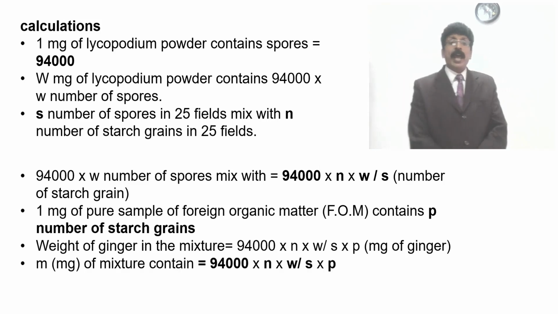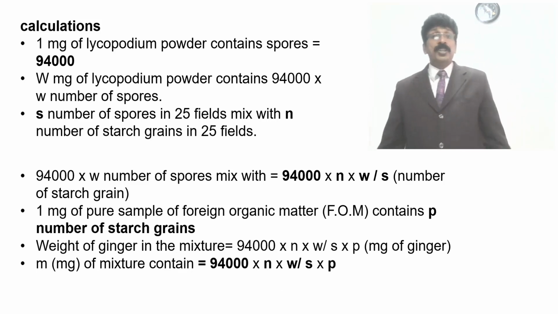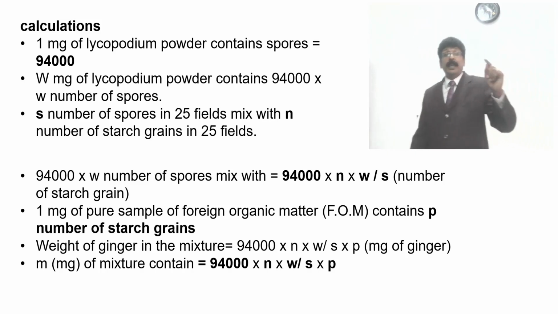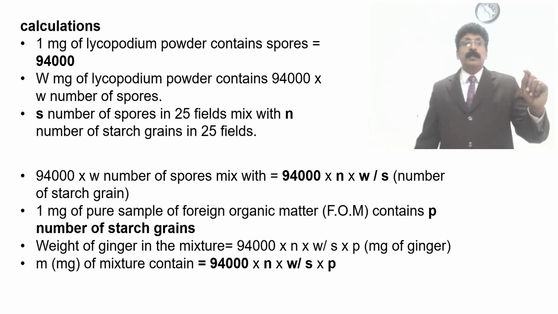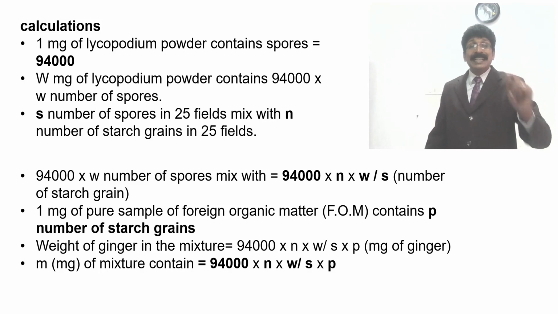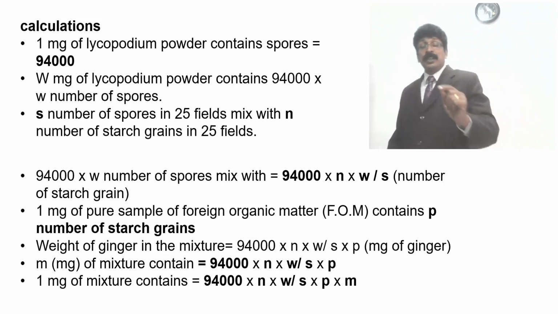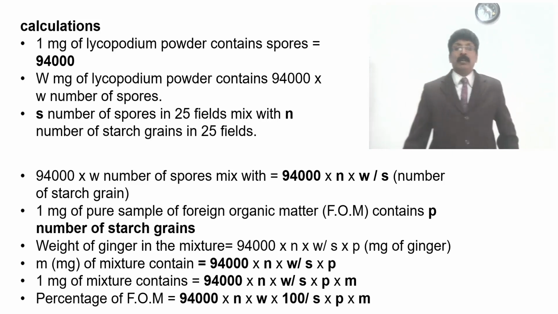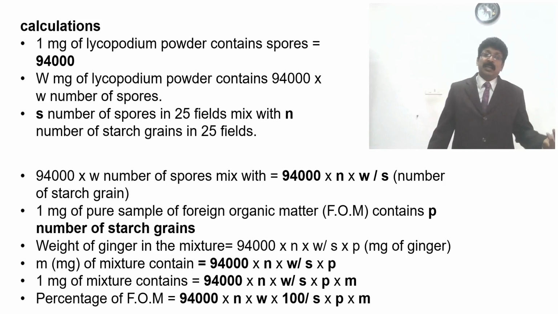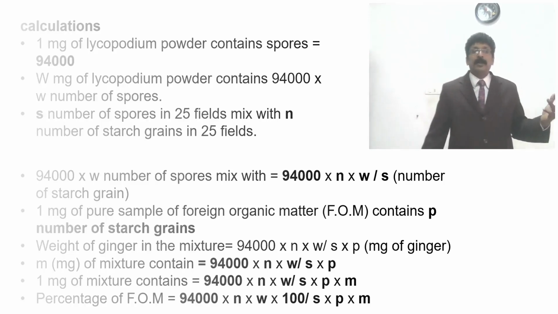So M milligram of mixture contains 94,000, the value given for Lycopodium, into N, where N means the number of starch grains or the substance you are using, and into W, the weight of Lycopodium powder, divided by S into P. And 1 milligram of mixture contains 94,000 into N into W by S into P by M. And so the percentage of foreign organic matter, that means starch which is present, can be determined by 94,000 into N into W into 100 divided by S into P into M. So this is very important for you to know.